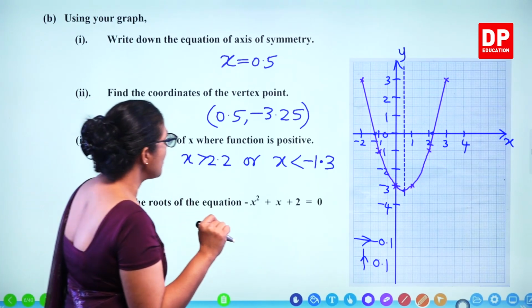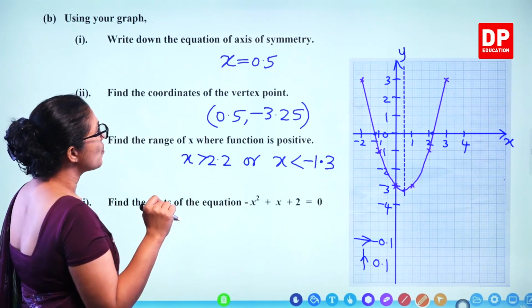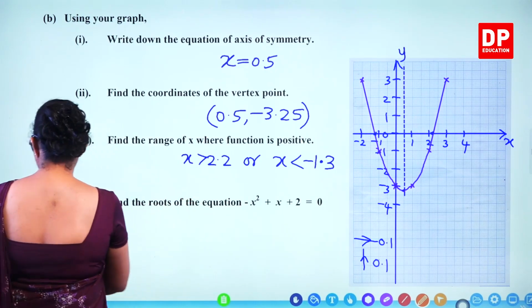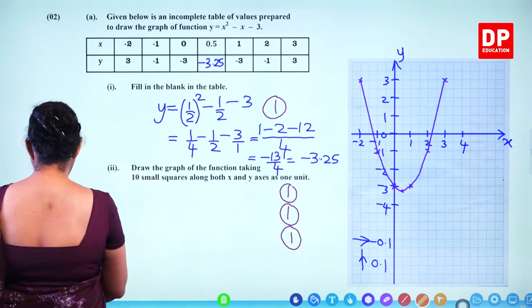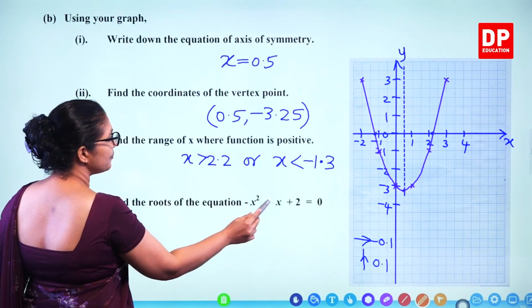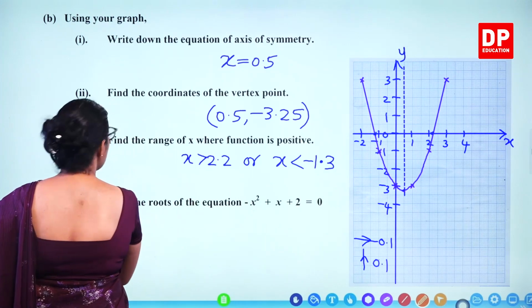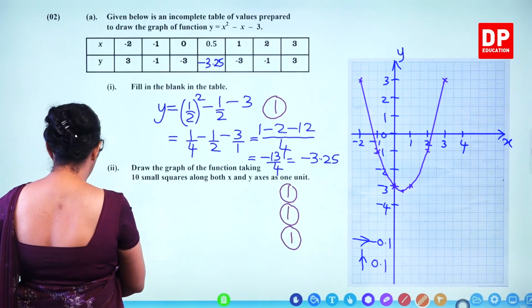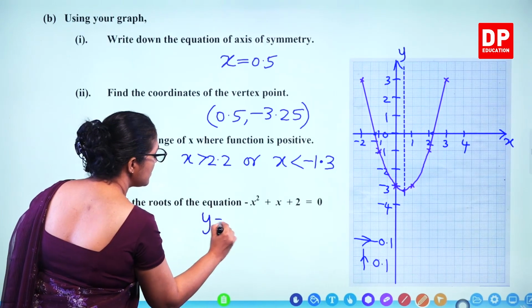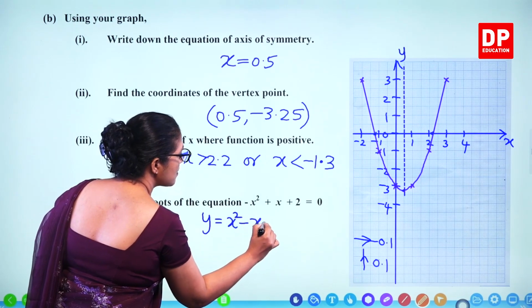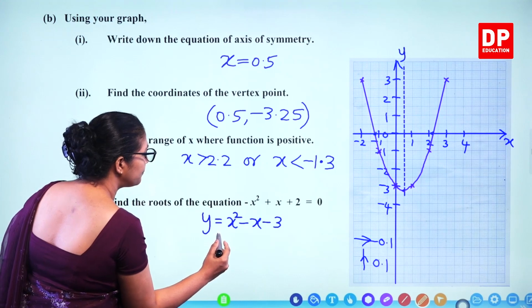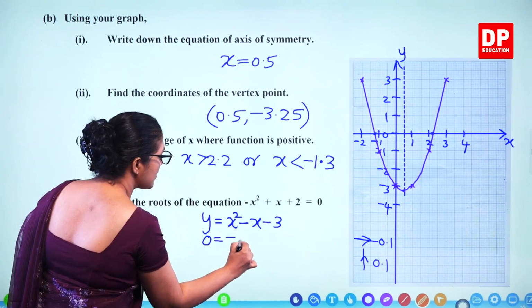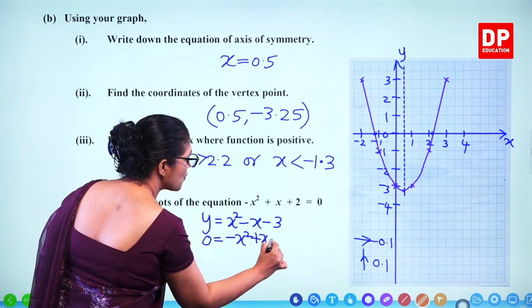Find the roots of the equation -x² plus x plus 2. What's the equation? x² minus x minus 3. That's different. So we'll take that y equals x² minus x minus 3 is the previous one. Now this one, 0 equals -x² plus x plus 2.